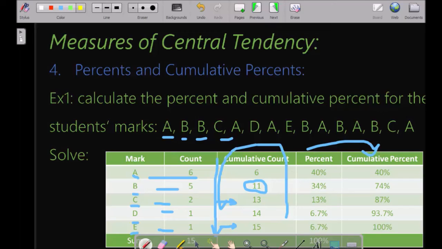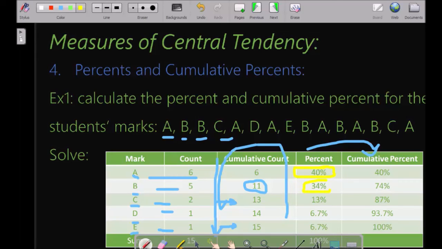Now we'll talk about the percent. If you take 6 and divide it by 15, you'll get 0.4. If you want to read this value not just as a probability but as a percent, multiply it by 100, so you'll get 40%. I'm saying I have 40% of my students who got a mark of A in this subject.